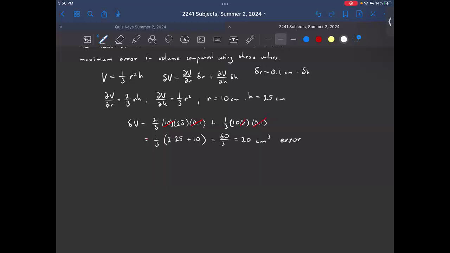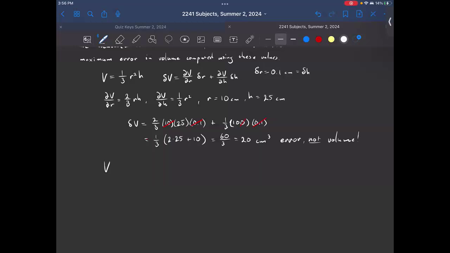Note this is not the value of the volume. So this is just how far off our volume measurement might be from the actual value.